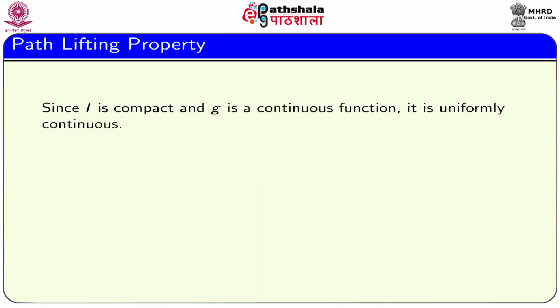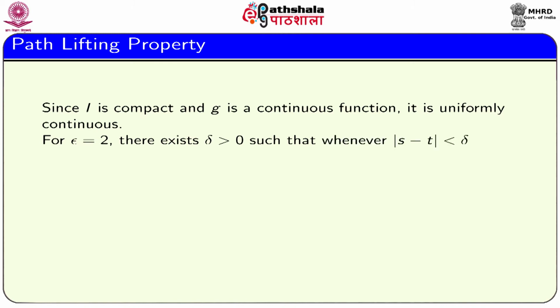Let us prove this result. Since I is compact and g is a continuous function, we know that g will be uniformly continuous. So, for any epsilon, in this case we choose epsilon as 2, there exists delta such that whenever mod s minus t is less than delta, we have norm g(s) minus g(t) less than 2.